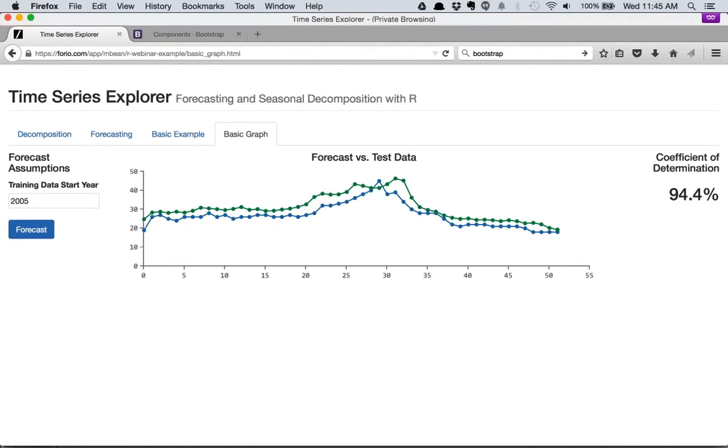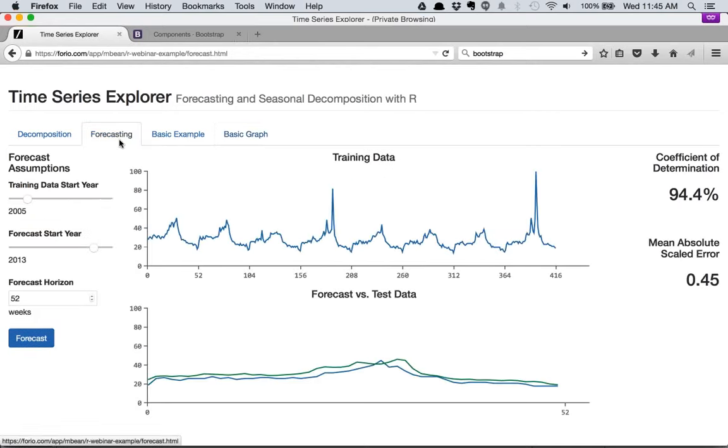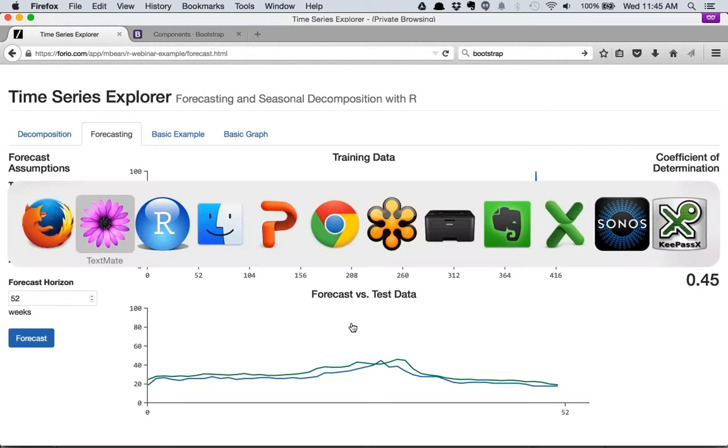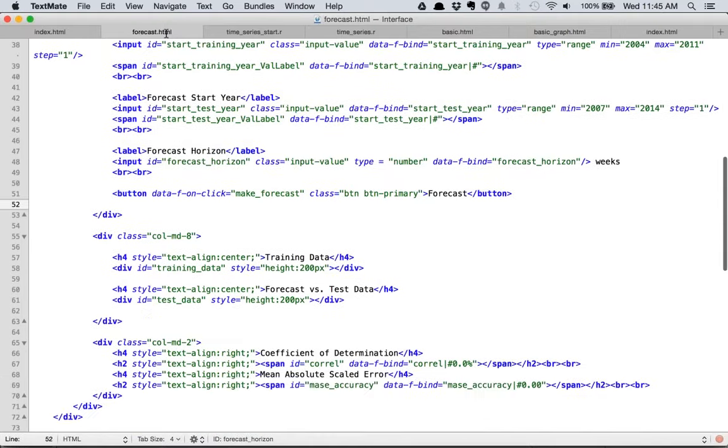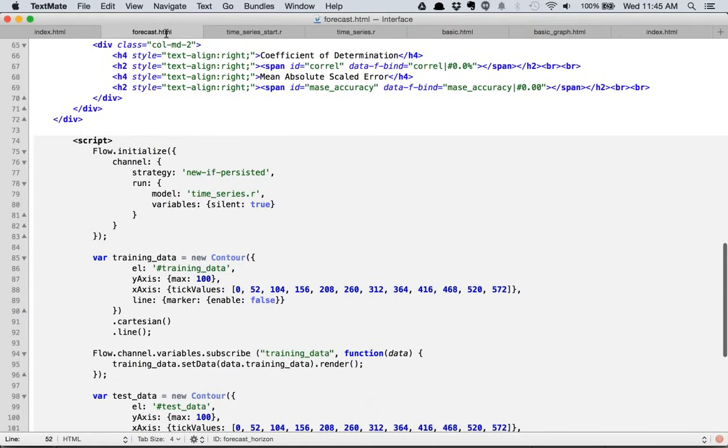Now, there's some cleanup that we want to do too here. Like, for example, if you remember on our forecasting example, we wanted to be able to show things in 52-week increments. I took out the anchors and things like that. So there's some fancier cleanup that I've done in the styling of this, and let me just show you a little bit about that, because there's ways of extending this, right?